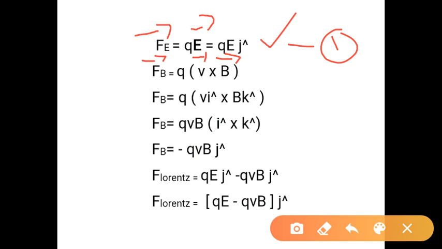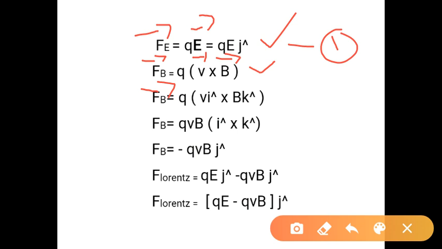Similarly, from this equation, let us find out the magnitude and direction of magnetic force. To find the direction of magnetic force, either we can use right hand rule or we can directly find the direction from the equation itself. So let us find the direction from the equation itself. So let us rewrite the equation.